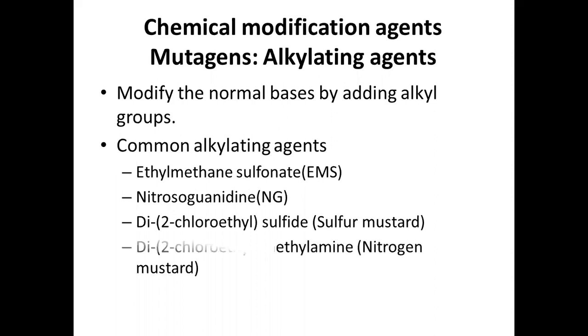The other example is di-2-chloroethyl methylamine, which is simply nitrogen mustard. So these are some examples of the common alkylating agents, and this is EMS, or ethylmethane sulfonate. This is the structure of EMS. So these modify by adding alkyl groups.